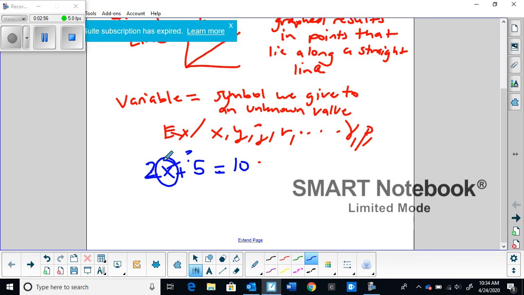So 2 times question mark plus 5 is going to be 10. Okay, so we have to figure out what is this question mark, okay? And that is pretty much this whole chapter, trying to figure out what is the question mark with different types of equations, because they're going to look different and we need to figure out how to solve them, okay?